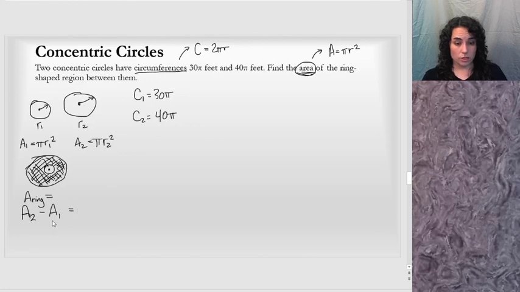So when I take A2 minus A1, I'm going to get pi R2 squared minus pi R1 squared. I'm just going to factor pi out here to make it a little bit easier. Okay, see how I factored that pi out? It's not necessary to do that step, but it is the elegance that we practice in math and physics.